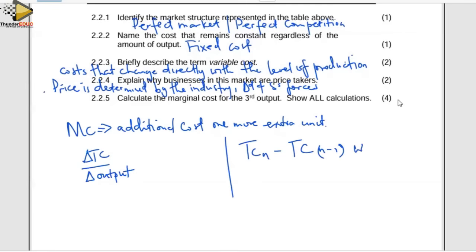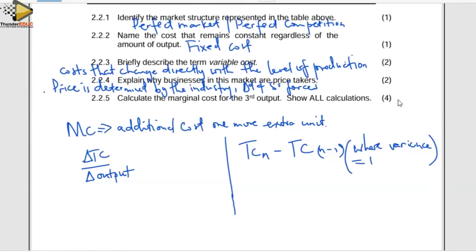But we can only use this where our variance in output is equal to 1. TCn minus TCn-1 is the total cost of production of n units minus the total cost of production of n minus 1 units. But our variance of output must be 1.